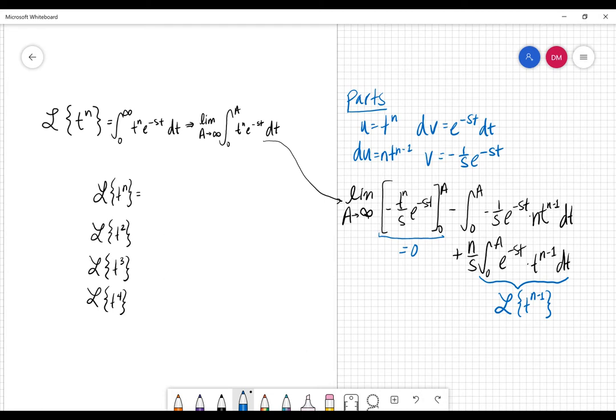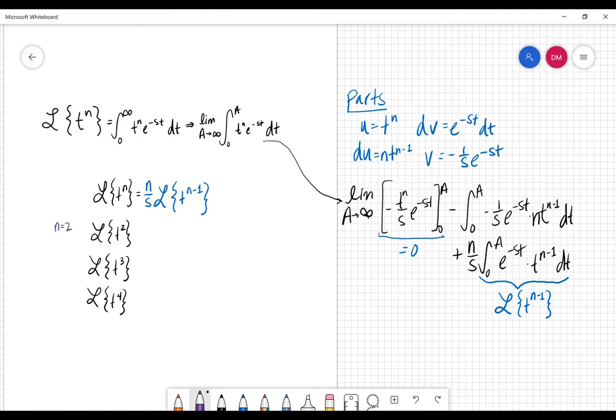Therefore, the Laplace of t to the nth power is n over s times the Laplace of t to the n minus 1. Which means that if I'm evaluating the Laplace of t squared, n is equal to 2. So let me just put this off to the side. In this one, n is equal to 2.